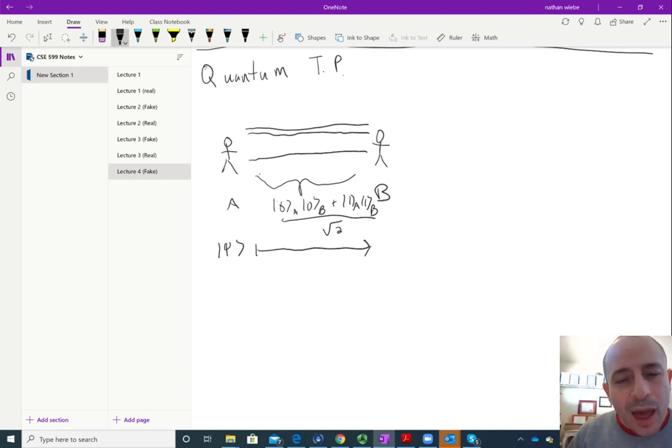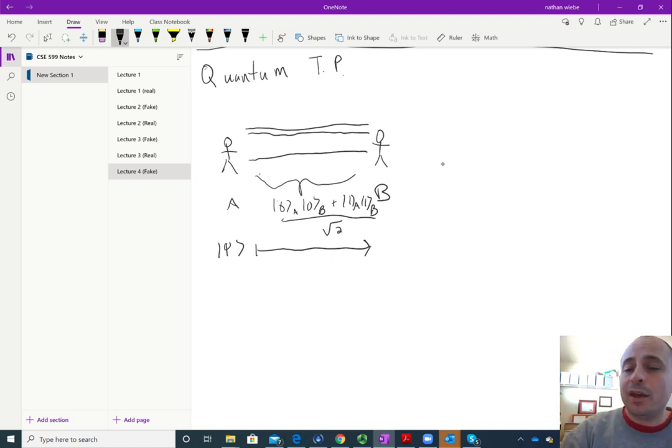So Alice will only hold on to that part of the quantum state, and Bob will only hold on to the other part of the quantum state. And this is all the communication they'll need beforehand, apart from classical communication, to send the state across.